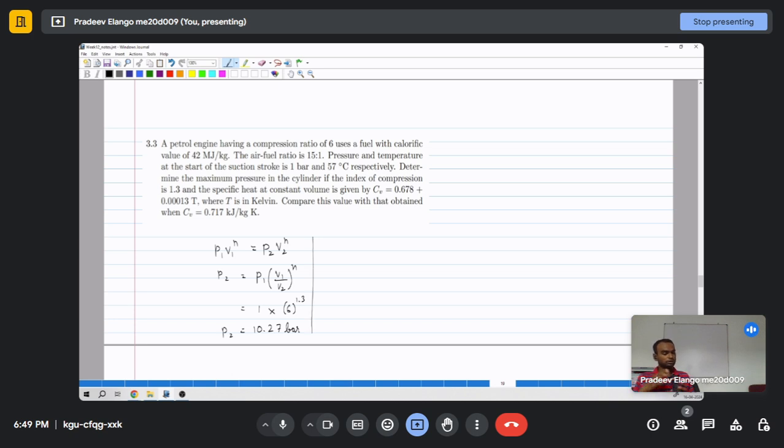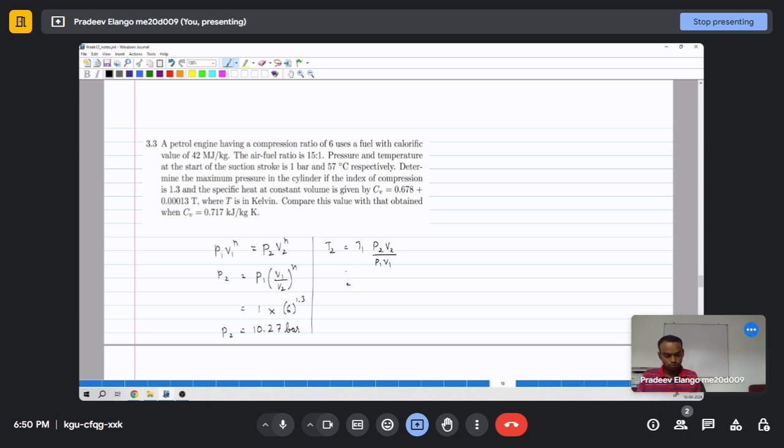Meanwhile, we can also calculate the temperature. So that is T2 equal to T1 into the pressure ratio.